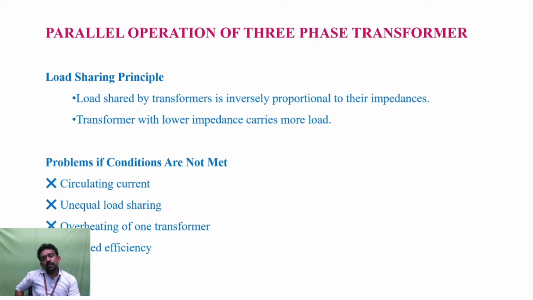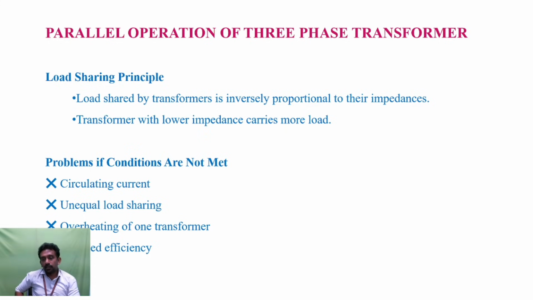Now load sharing: the load shared by the three phase transformers is inversely proportional to the impedance, and the transformer with lower impedance carries more load. If conditions are not met for parallel operation, the transformers can experience different disadvantages. It induces a circulating current between both the transformers, similar to what happens in the eddy current problem.